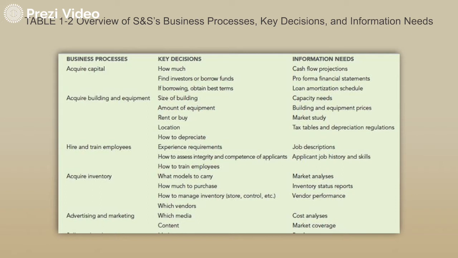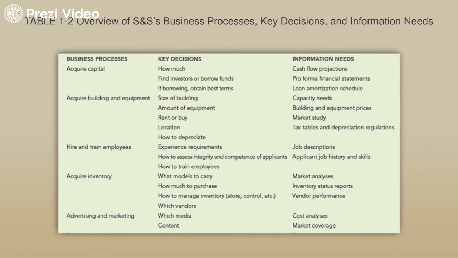They list all the business processes. They understand first how the SNS company functions, and before they can identify the information needs, they determine first what the key decisions are. So you can read through table 1.2.